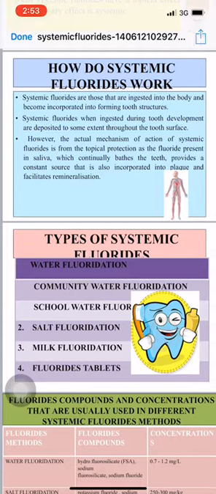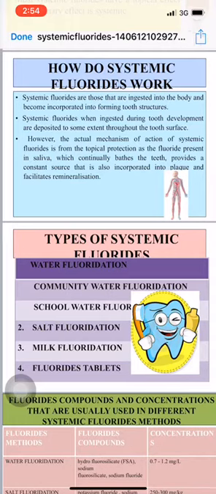However, the actual mechanism of action of the systemic fluoride is from the topical protection, as the fluoride present in the saliva continually bathes the teeth, or provides a constant source that is also incorporated into blood and facilitates remineralization.